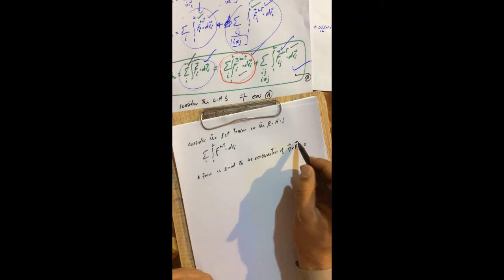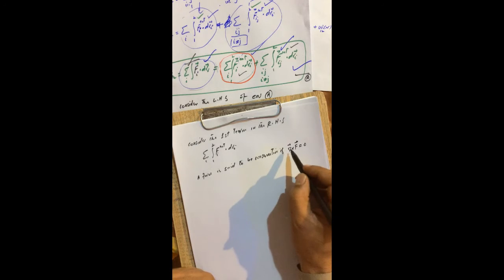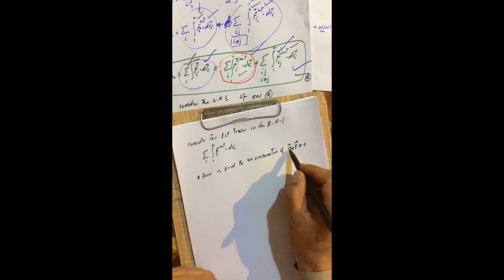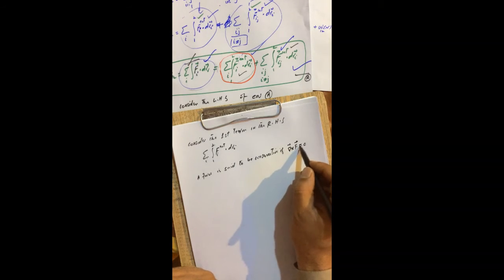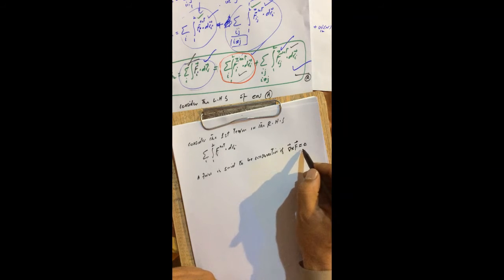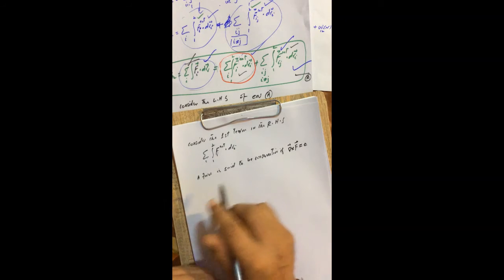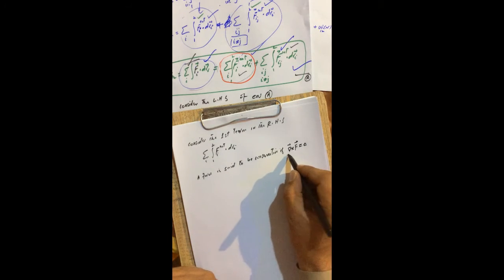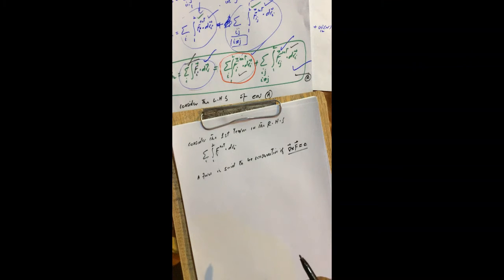If you are asked to find whether a force is conservative or not, you operate this del operator with a vector product on the force, and if it is equal to 0, then the force is conservative. If it is not equal to 0, then the force is non-conservative. Now I suppose that the force is conservative, so del cross F is equal to 0.